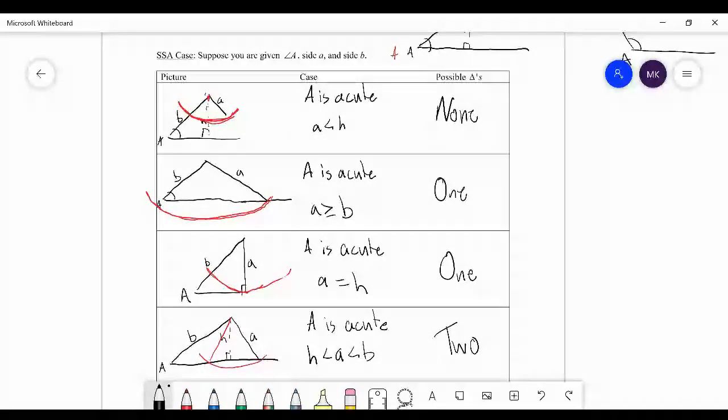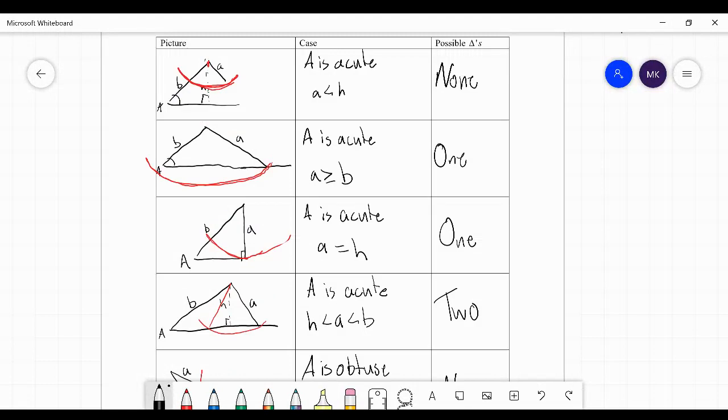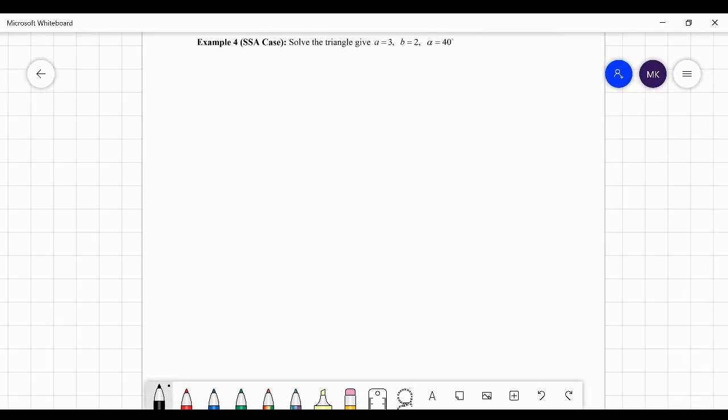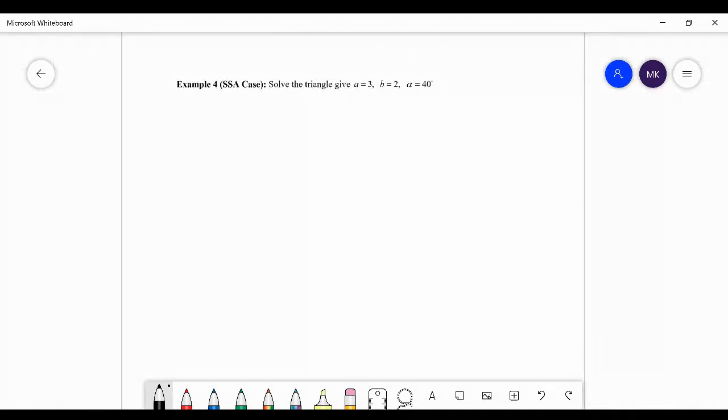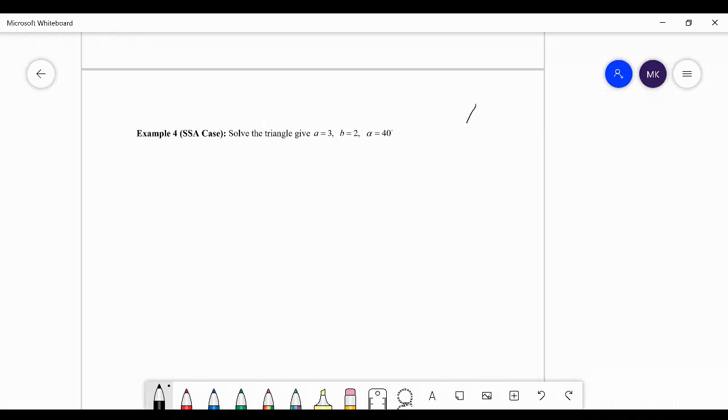And a is greater than or equal to b, which is what we have here, because a is 3 and b is 2. So if the measure of angle alpha is acute and a is greater than or equal to b, there's one unique triangle. Awesome. So that tells me there is one unique triangle that satisfies this.